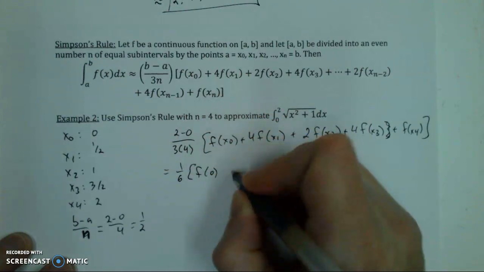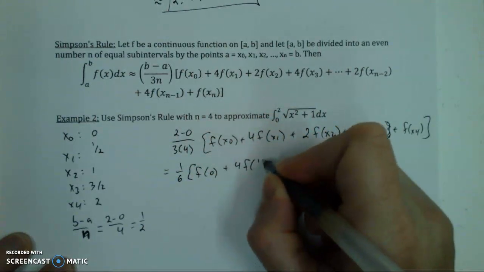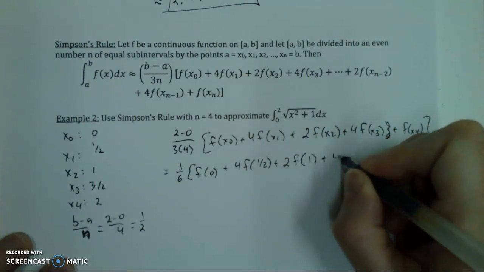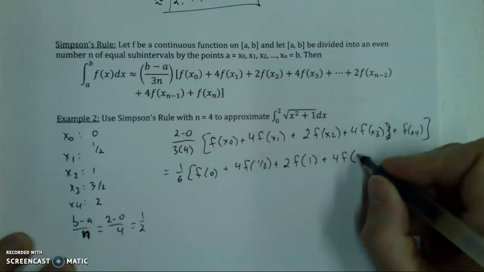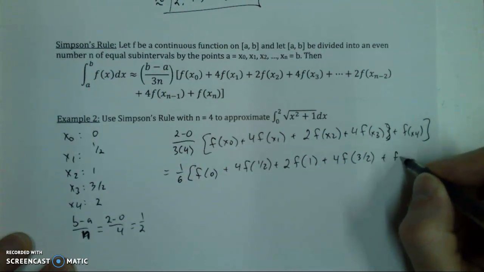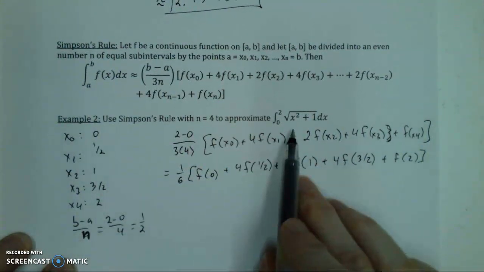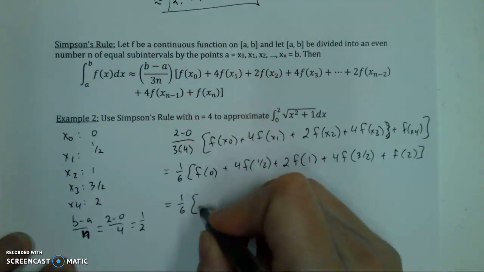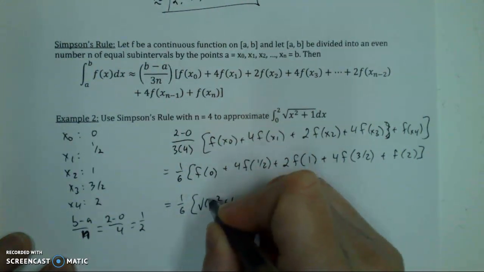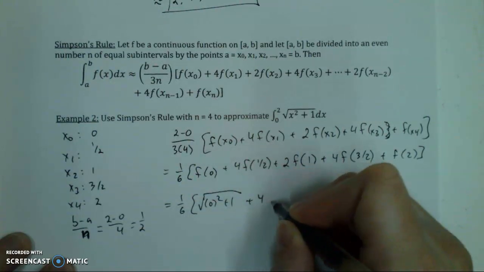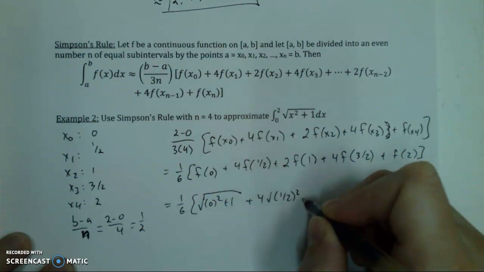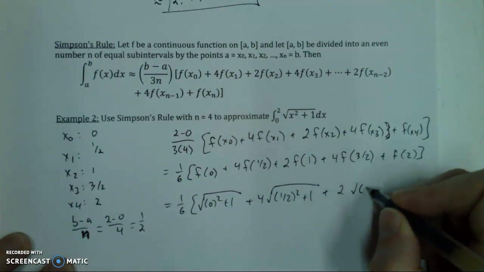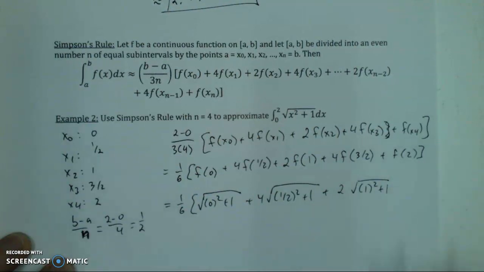And then I'm going to have f of 0 plus 4 times f of 1 half plus 2 times f of 1 plus 4 times f of 3 halves plus f of 2. And again, I've got the exact same function I used last time. So 1/6 times the square root of 0 squared plus 1 plus 4 times the square root of 1 half squared plus 1 plus 2 times the square root of 1 squared plus 1.